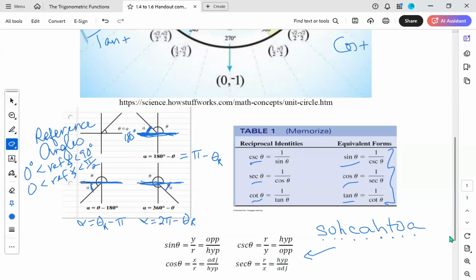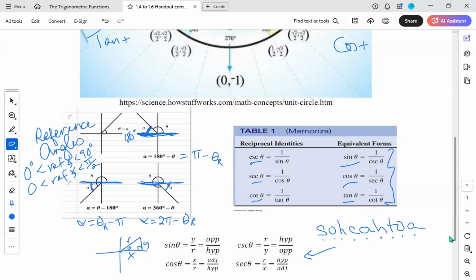Now, where are they getting the x, y, and r? If you look at a graph, and you're doing right triangle trig, this is your x, this is your y, and this is your r. So your triangle, your 90 degrees is not on the axes, it's off of the axes. So that's where they're doing the x, y, and r, but it follows in the same suit.